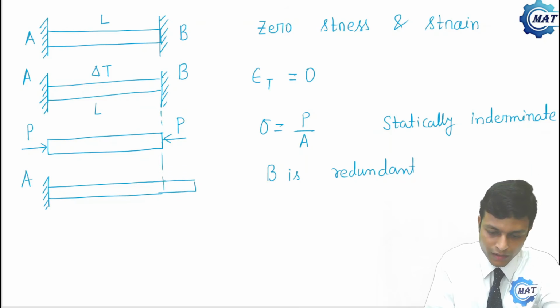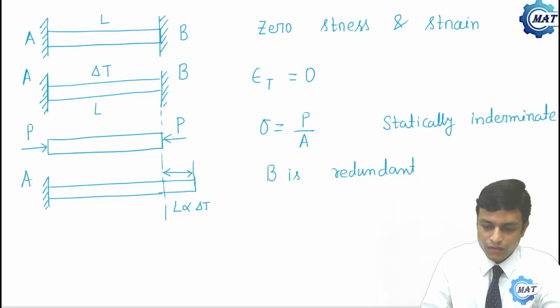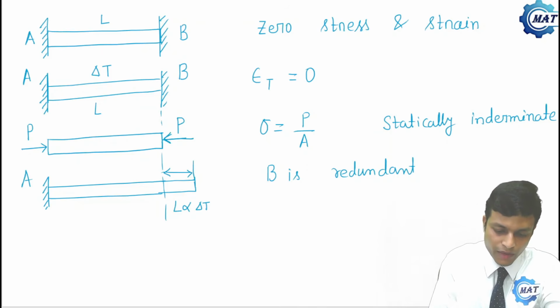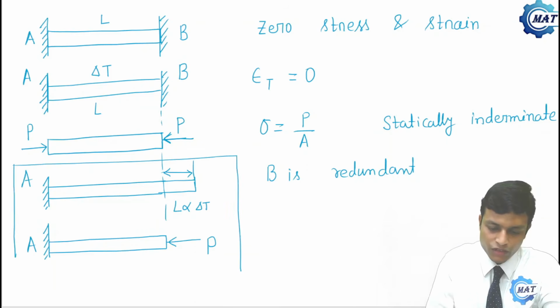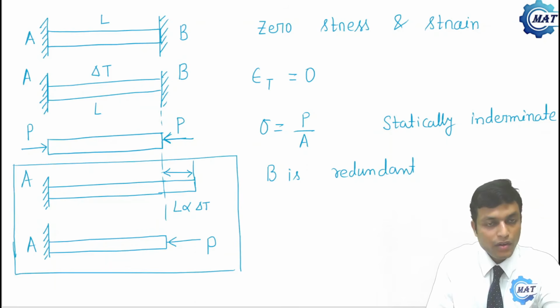This bar will elongate by an amount L alpha delta T. Now what is the action of support B? It is providing a compressive force P. So the combination of these two, that is, if there were no support it would elongate to this, but as there is a support it is providing a compressive force.